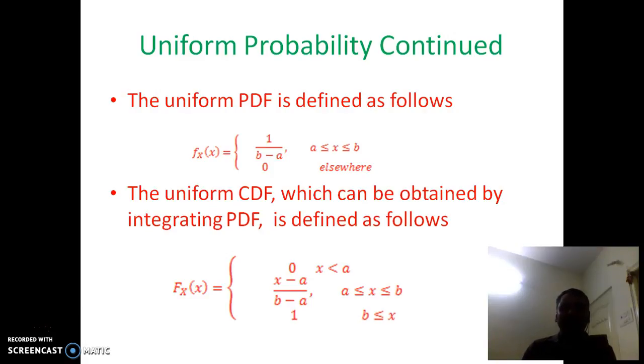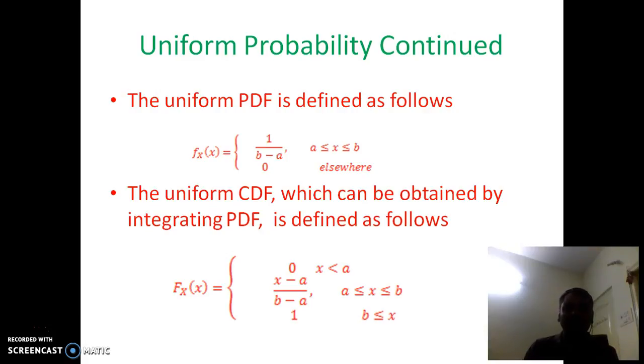The uniform PDF is defined as follows: small fx of x is equal to 1 divided by b minus a for the range between a and b, that is a less than or equal to x less than or equal to b, and 0 elsewhere.